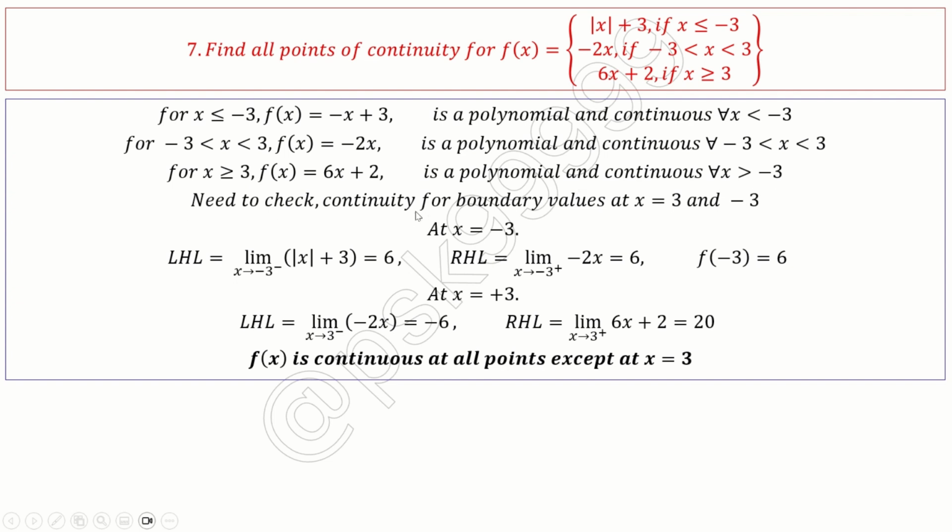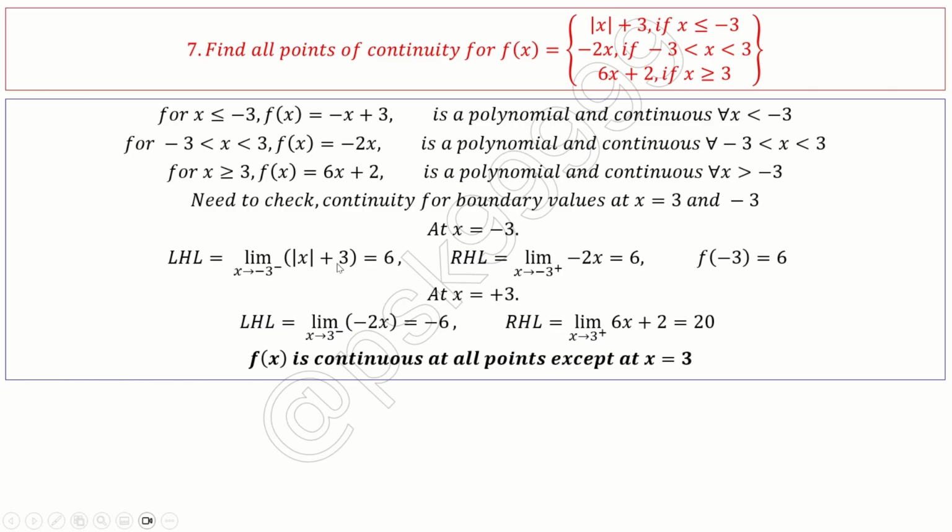So the only thing we need to check is the continuity at the boundary values, which are x equal to 3 and x equal to minus 3. So first let's take x equal to minus 3. For x less than minus 3, that is x tends to minus 3 minus, slightly less than minus 3, the function is nothing but absolute x plus 3, which is nothing but absolute x, right?